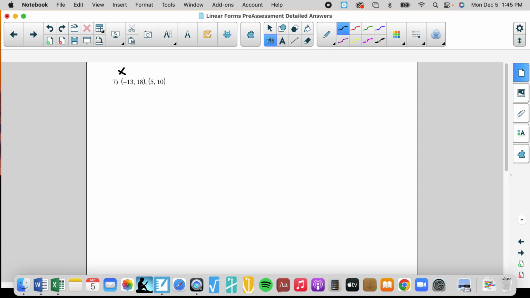I always like writing this. You will see that I will always label my 2 points with those two notations because it just makes it easier. When you look with your eyeballs after you write this part, y sub 2, oh, that's 10.